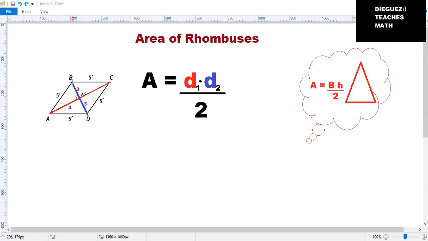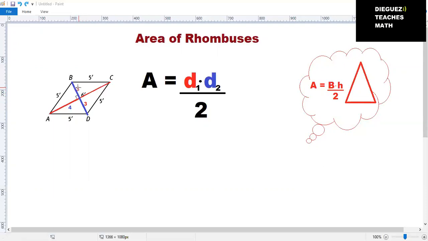Over here I have the diagonal BD is 6, and then I have AC. I know this is 6, and I know by the properties that both of the diagonals bisect perpendicularly, meaning that if this is 6, it's cut into 3 and 3, and this makes a right triangle there.